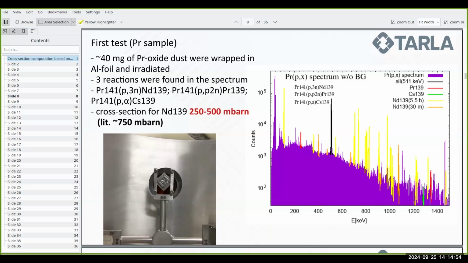Unfortunately, due to the richness of the spectrum that you see here, as well as the existence of a large number of interfering reactions, the determination wasn't very accurate. So somewhere between 250 and 500 millibarn, but it was in the right area.